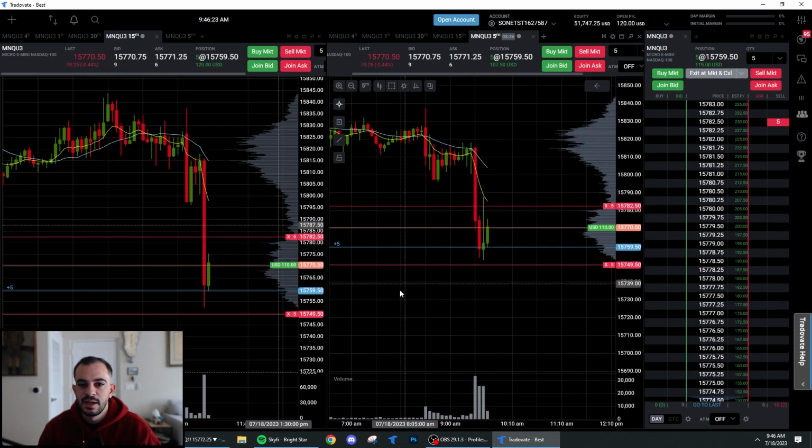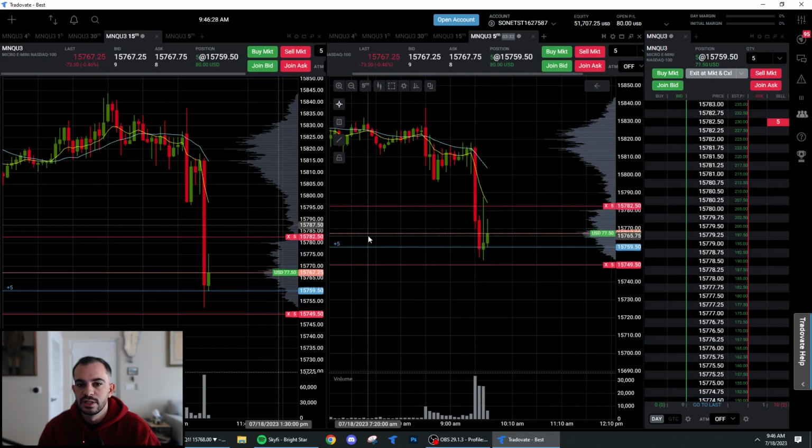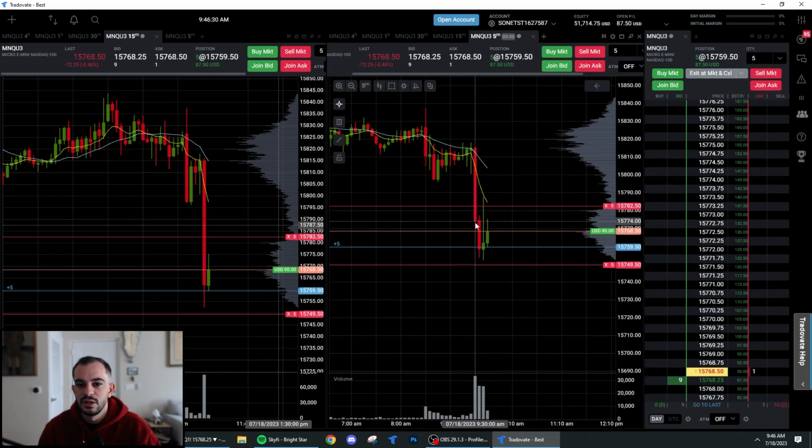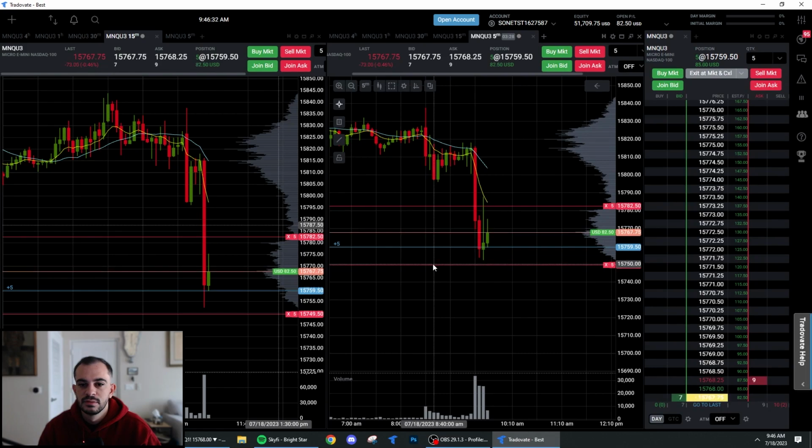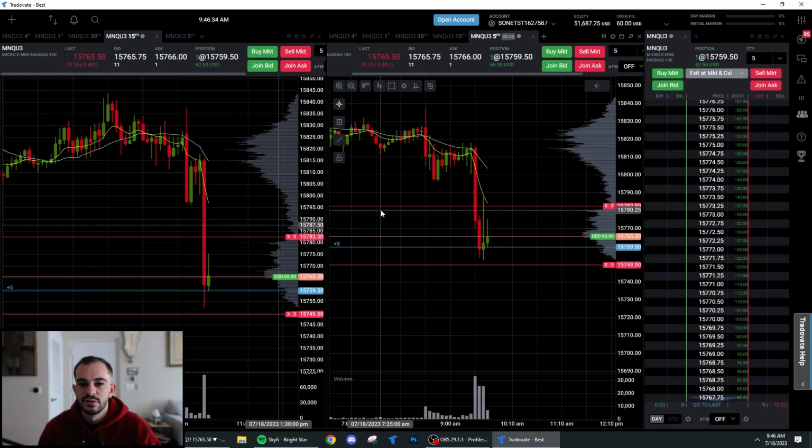I want to see a nice kick back up. Bulls showed their strength with this wick. They were able to bring it all the way back up. Now let's kick it right through and come back.